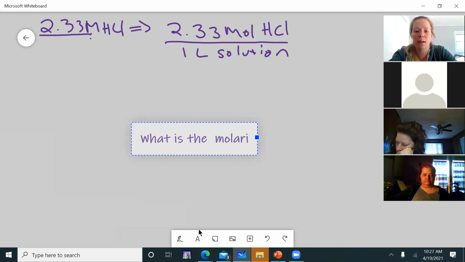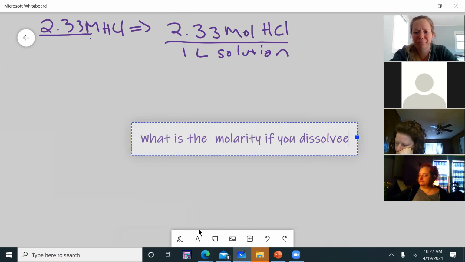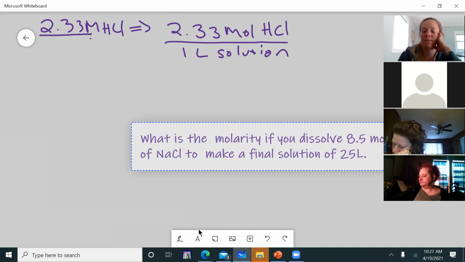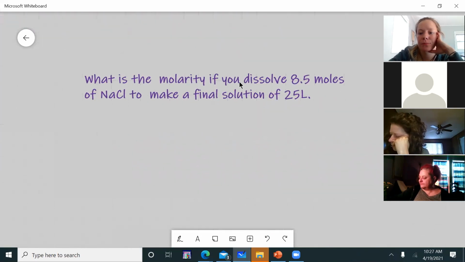What is the molarity if you dissolve 8.5 moles of NaCl to make a final solution of 25 liters? So what is the molarity if you dissolve 8.5 moles of NaCl to make a final solution of 25 liters?